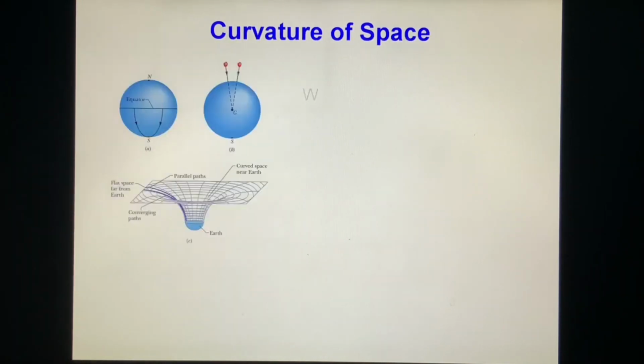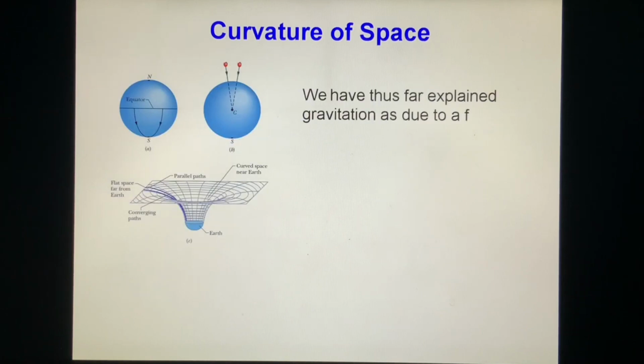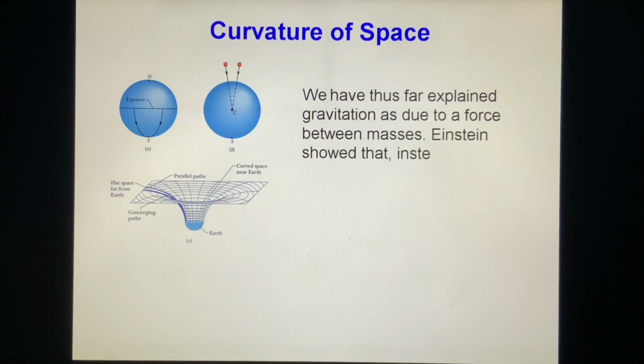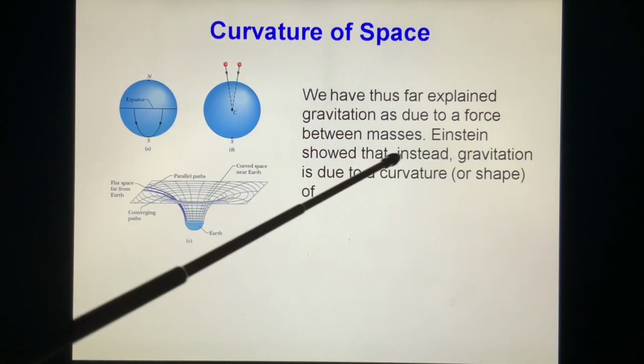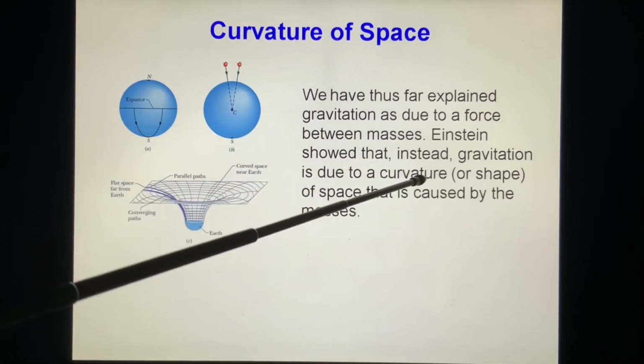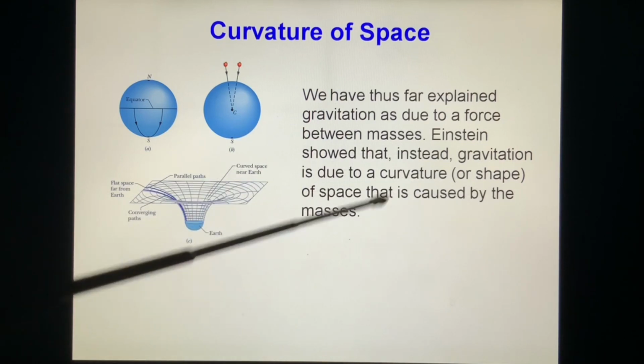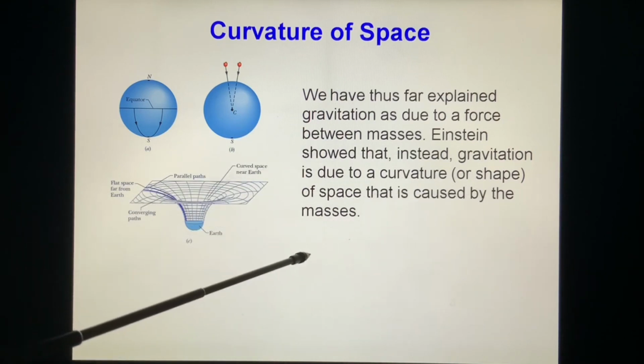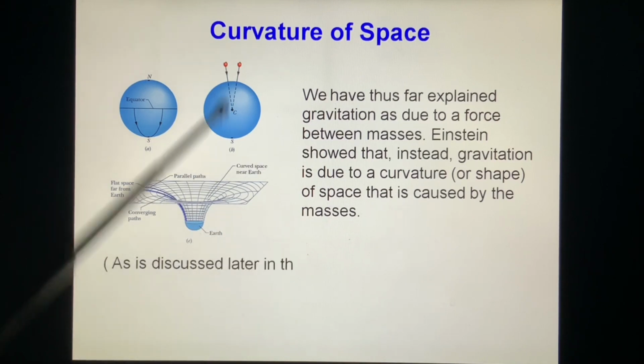Curvature of space. We have thus far explained gravitational force as due to the force between masses. Einstein had a different explanation. Einstein showed that instead, gravitational force is due to a curvature or shape of space that is caused by the mass. This is very complicated, but it has been proved by experiment.